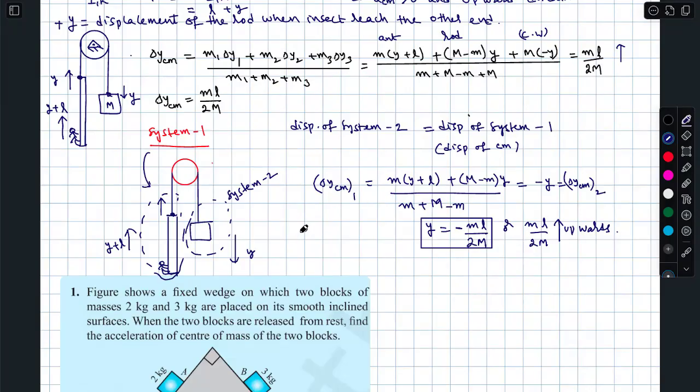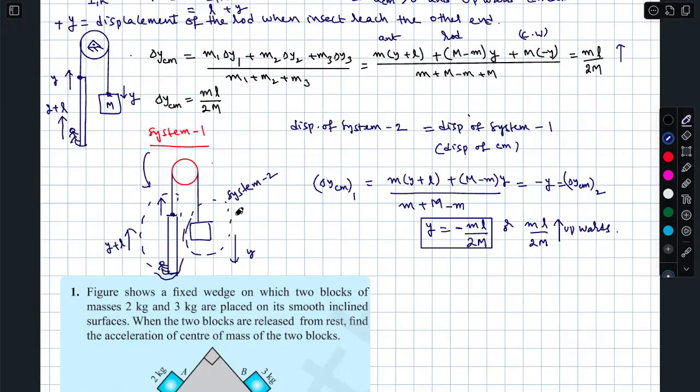Try to understand that. System 1 displacement means displacement of the center of mass of that system. So now I am taking delta y cm1 as m1 delta y1 plus m2 delta y2 by m1 plus m2. You agreed for all these observations already. But this should be minus y.